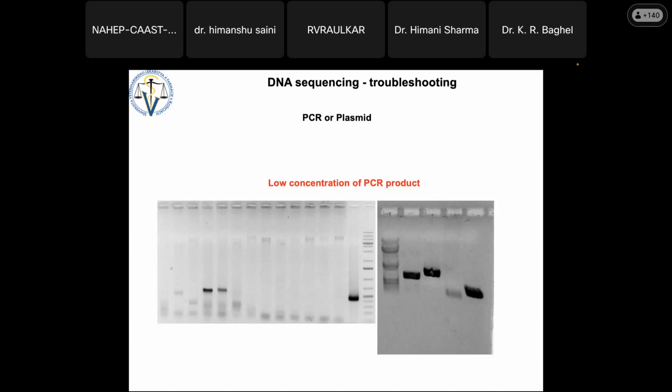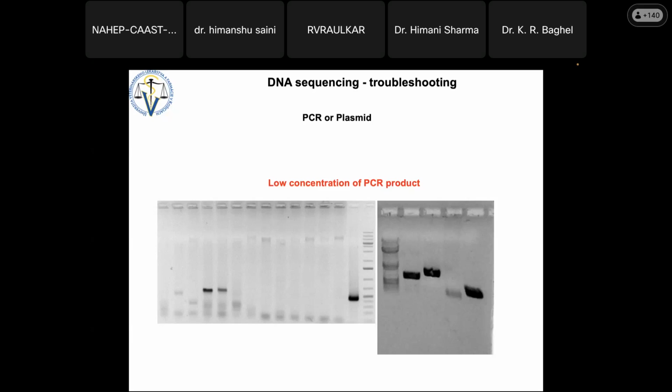Second thing, the smear. Smear could happen also because your buffer system is not good in the electrophoresis. So PCR never makes the smear. Okay. PCR is either 0 or yes. PCR technique is a yes or no technique. It will never give you smear like thing.